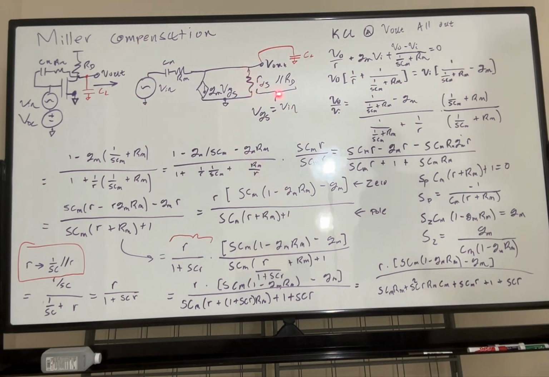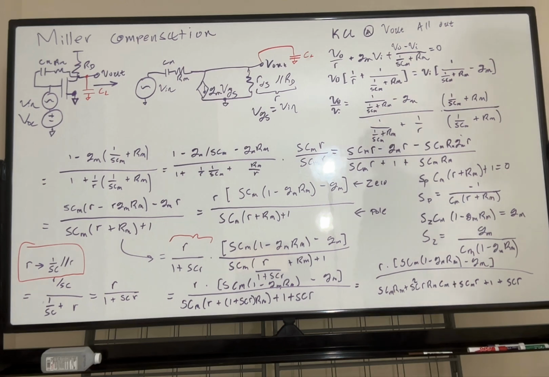Drain to source resistance in parallel with RD, because the VDD goes to zero. This is a rather more complex subject than a normal small signal model, but the small signal model itself is pretty simple. And then here's our load capacitor. We know our VGS is just Vn because this is the gate. That's the source. Great. That's in parallel with Vn.